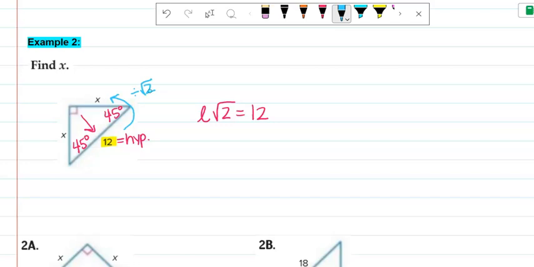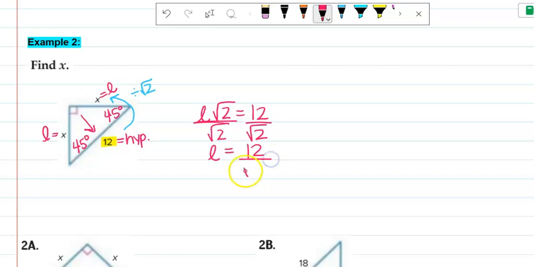So we're either giving it the square root of 2 to get bigger, to find the hypotenuse. This time we're trying to get smaller, so we're going to divide it. We're going to take it away. Either way you want to think about it, we know that these x's are our L's, right? So we know that we're trying to get that by itself. So we've got to divide by the square root of 2, divide by the square root of 2.